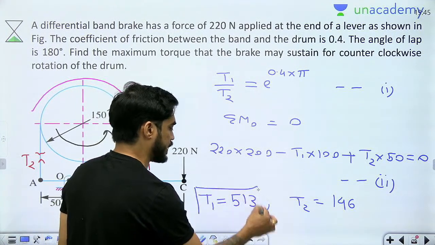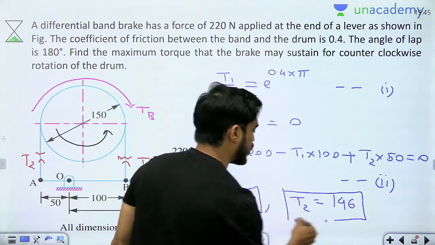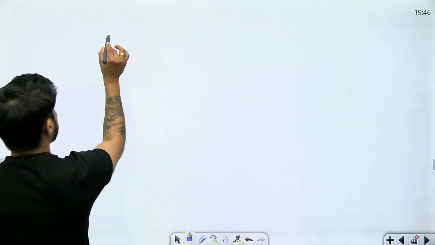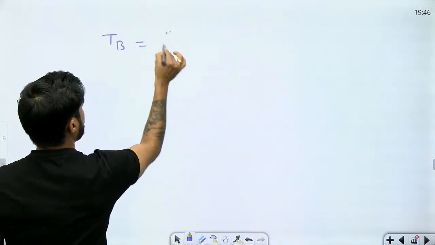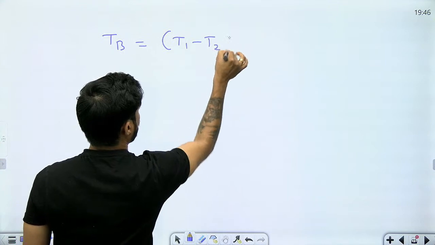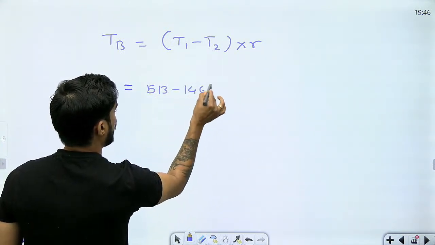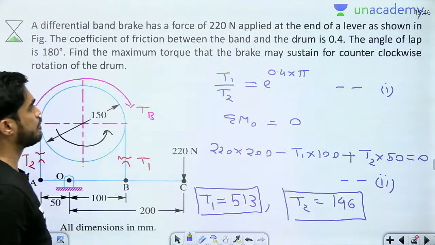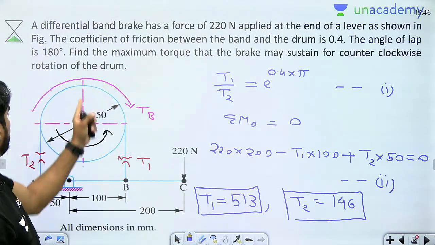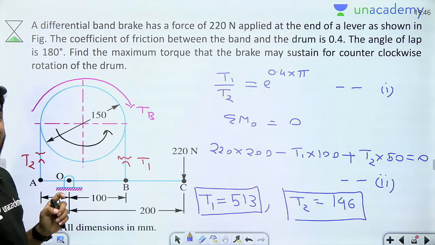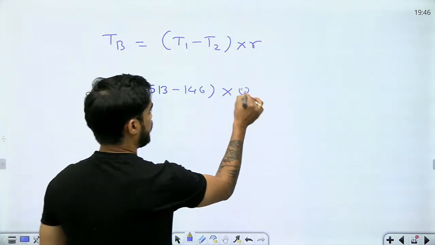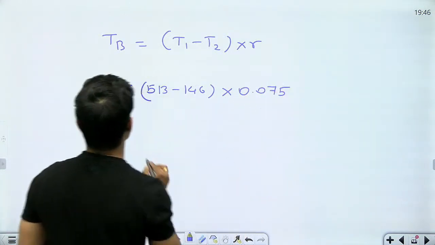So beta, I have got the value of T1 and the value of T2. Now all I need is the relation TB equals T1 minus T2 into R. So 513 minus 146 multiplied by the radius of the drum. What is the radius of the drum here? 150 mm is the diameter, so the radius will be 0.075 meter.